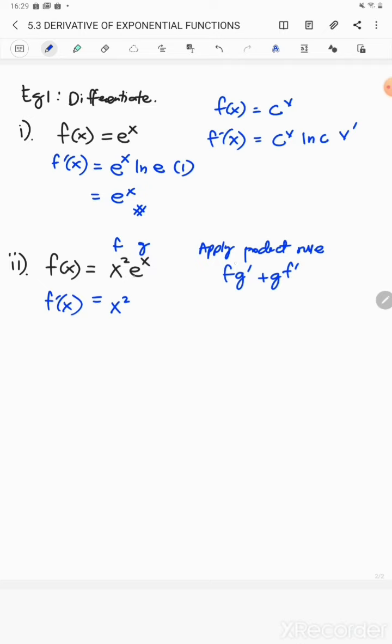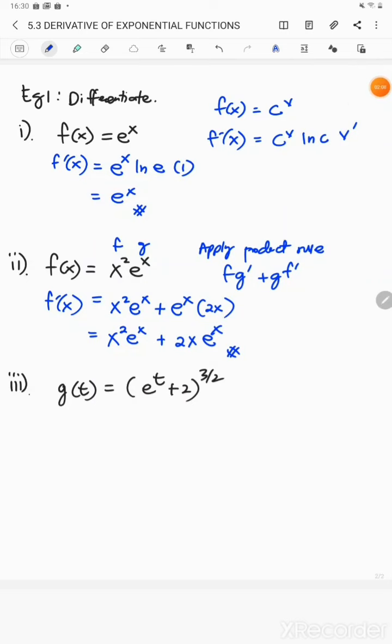So now we know that when we differentiate e power of x, we also get the same thing, e power of x. Plus g, e power of x, f prime, differentiate x square, so we get here 2x. Simplify this: x power of 2 e power of x plus 2x e power of x. This is the answer for number 2.